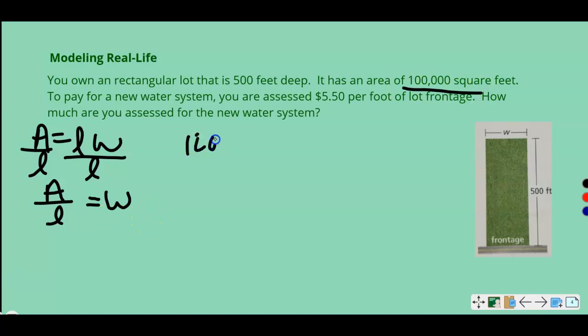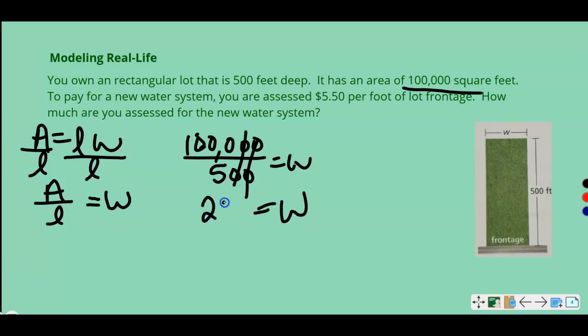So we're going to have 100,000 over the length, which is 500. And we know that equals W. All right, so we can cancel out the zeros. So we have 1,000 divided by 5, which is 200. So the width is 200. So we know if this is 200, we know that the frontage is also 200.